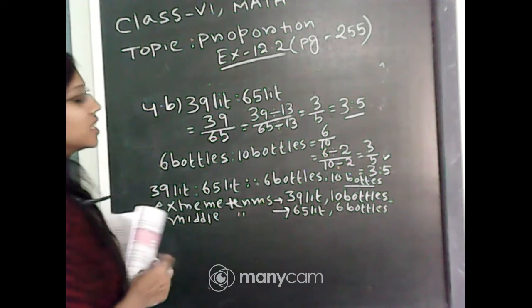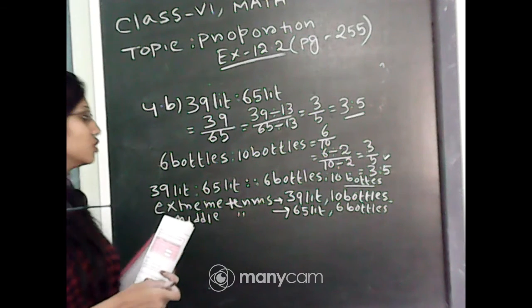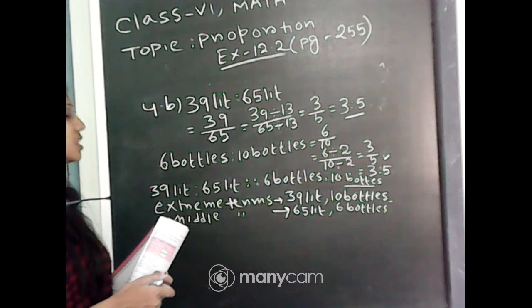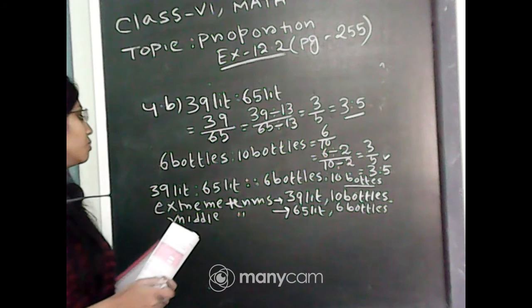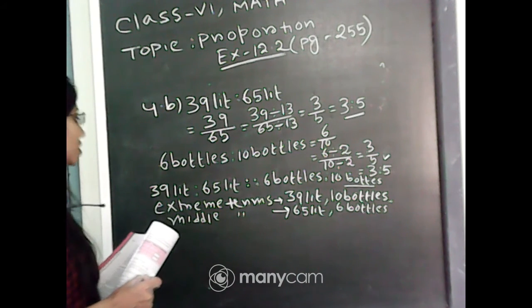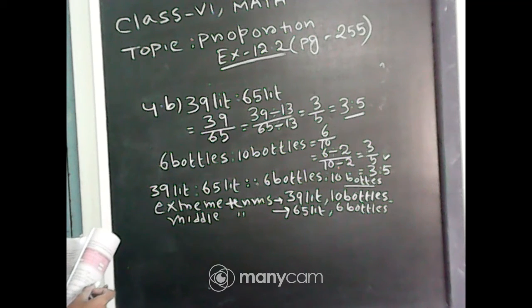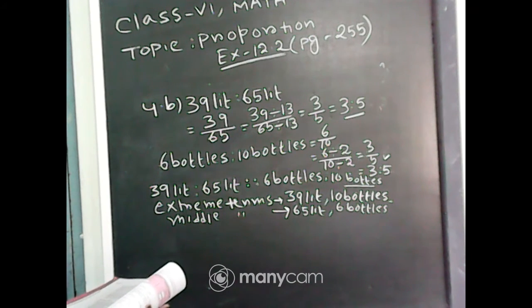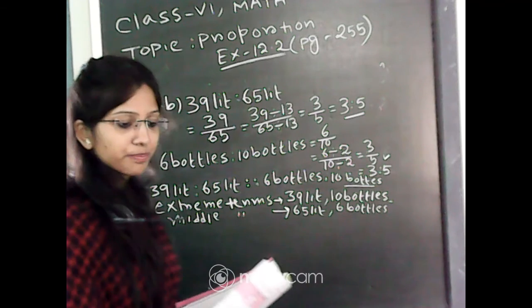In a proportion the first and fourth terms are extreme terms and the second and third terms are middle terms. So the extreme terms are 39 liter and 10 bottles, and the middle terms are 65 liter and 6 bottles. Okay, clear?